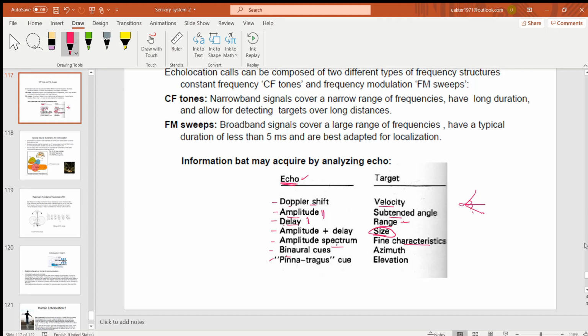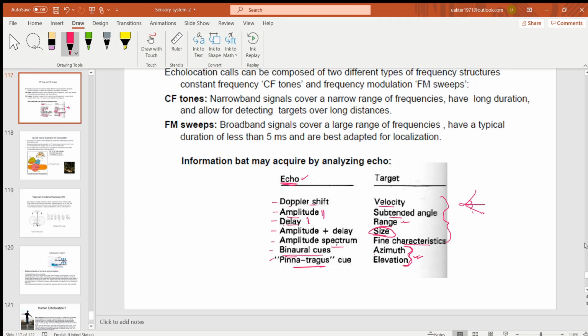Binaural cues, of course, we use to localize. Also human brain as well as owls, we talked about that. So two ears are used for sound localization. So these are common. However, these are additional information the bat's brain is getting from analyzing the echo.